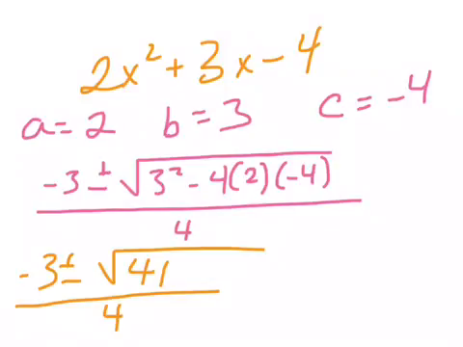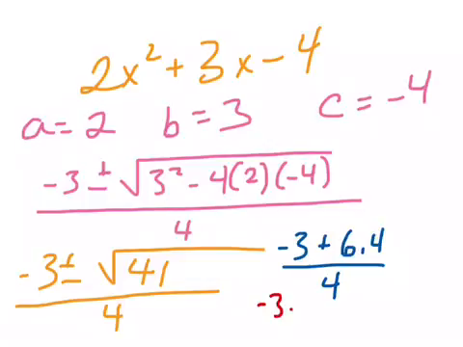And so from here we're going to continue to simplify this. Alright, so the square root of 41, it's not a perfect square, but it's about 6.4. So we'll say negative 3 plus 6.4 over 4. And then we're also going to need to do negative 3 minus 6.4 over 4. And this will give us our two solutions.